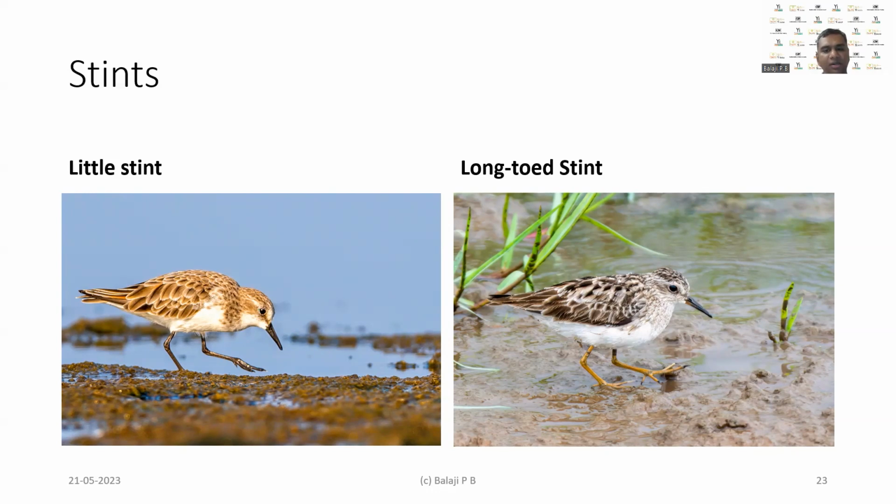As with the Temminck's stint, the long-toed stint also has yellow colored legs. So this is how you can tell apart the little stint and the long-toed stint: the markings on the upper body and the color of the legs.